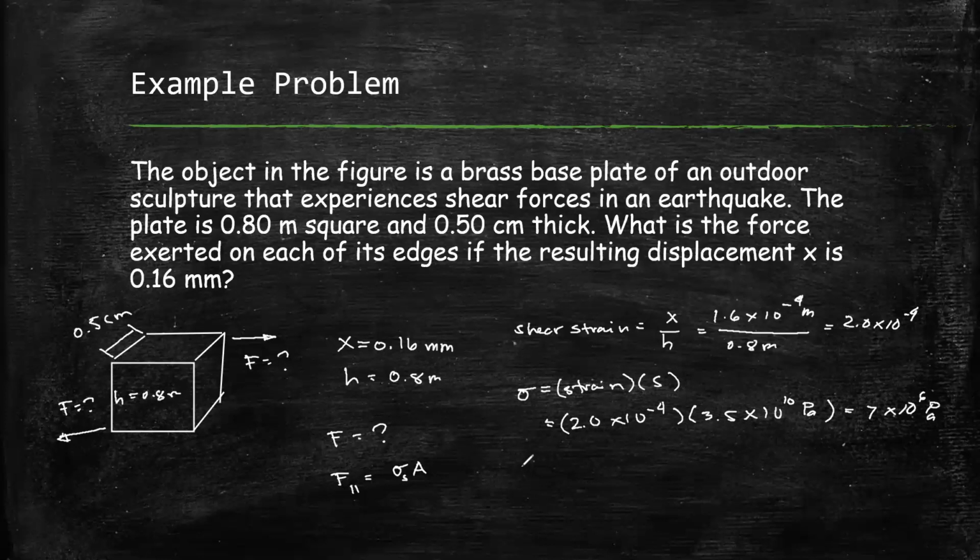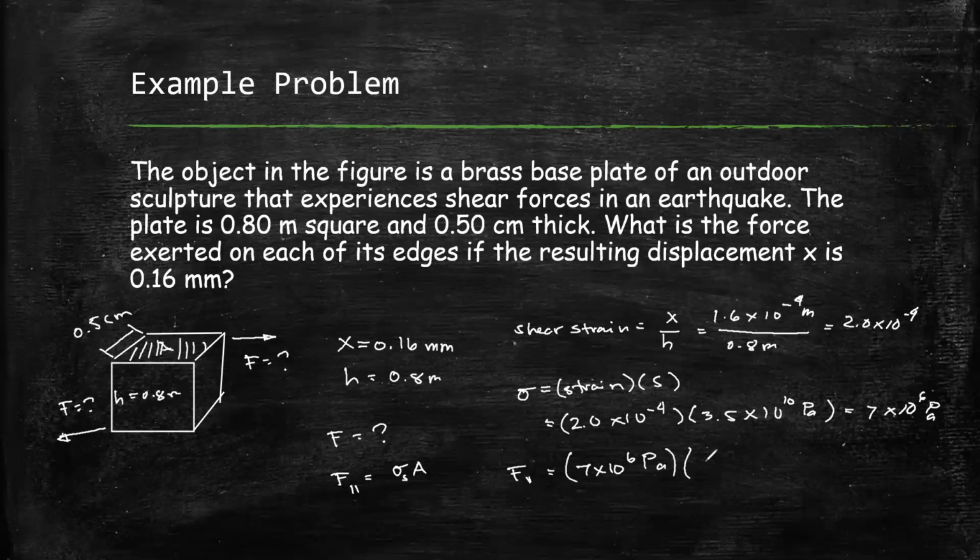So now we can solve for the force. Force is equal to the stress, which is 7 times 10 raised to 6 Pascal, times the area. And what is our area? This one.